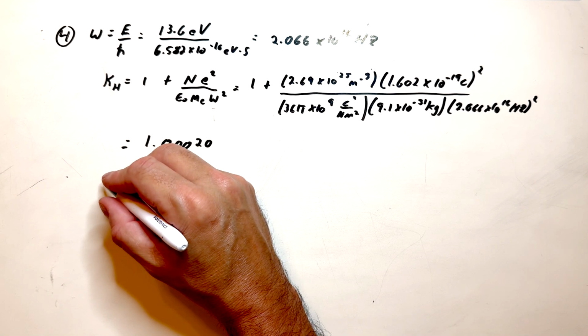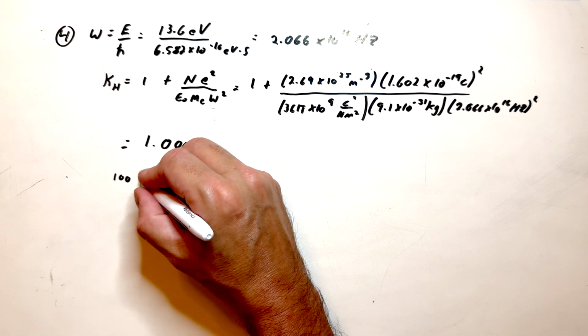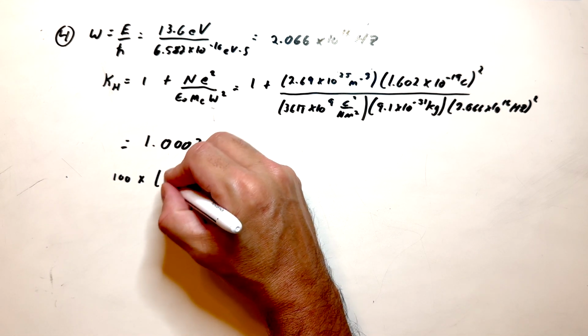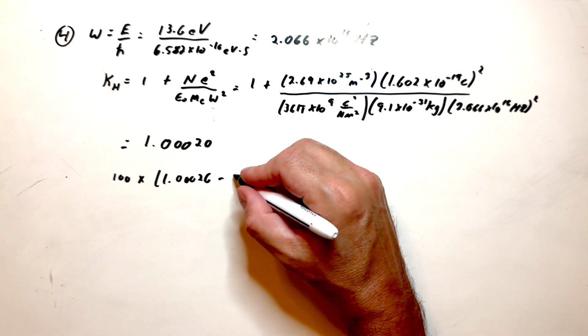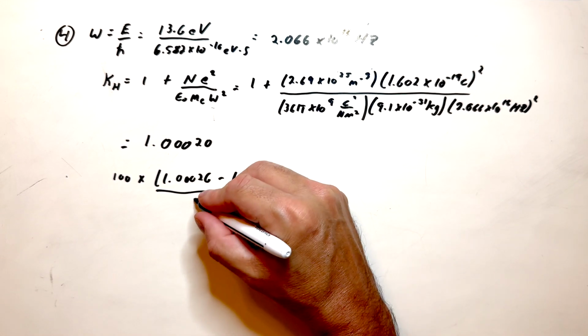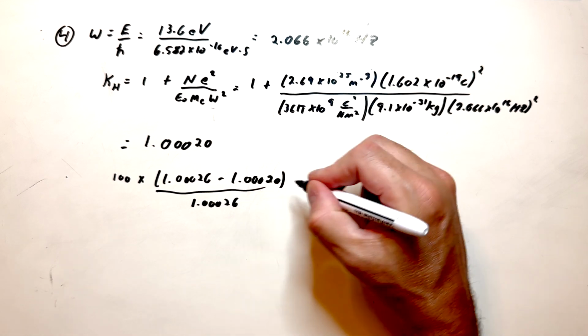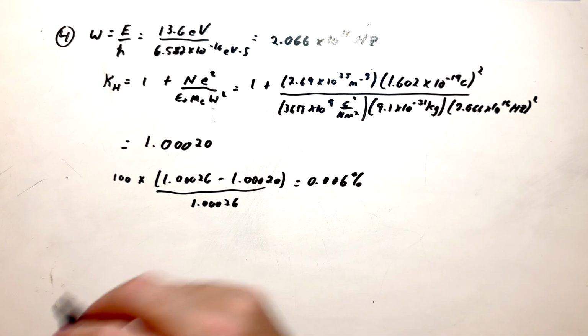Now, if we compare this with a true value of 1.00026, you could do this. You could say, oh, well, let's do 100 times 1.00026 minus 1.00020, all divided by 1.00026, and you would get that this is something like 0.006% different.